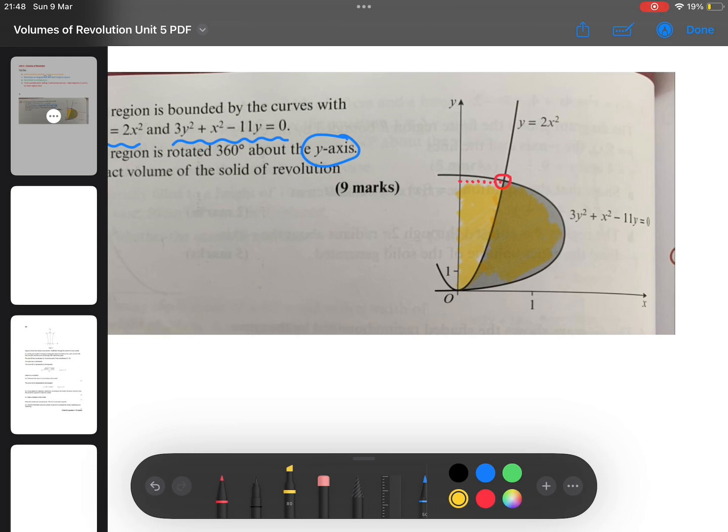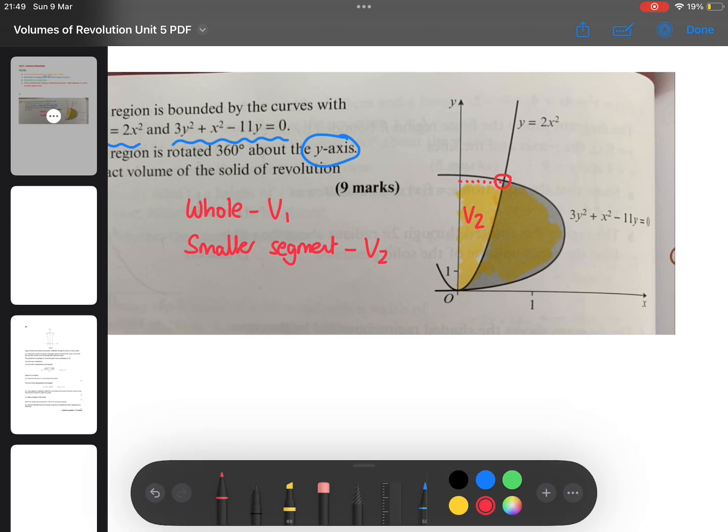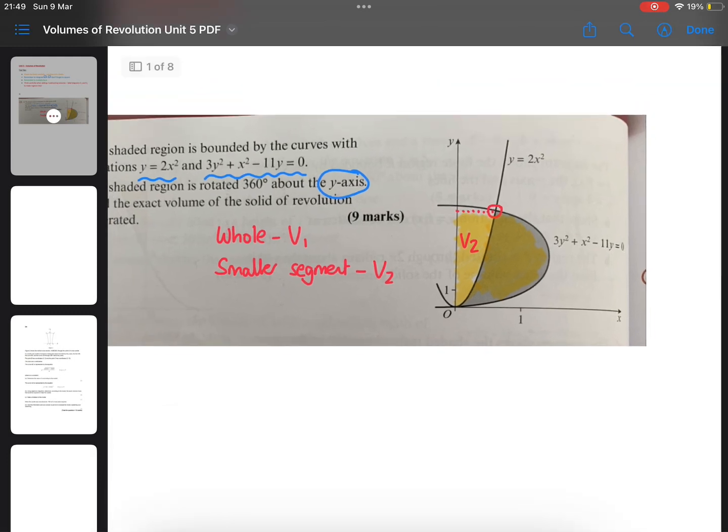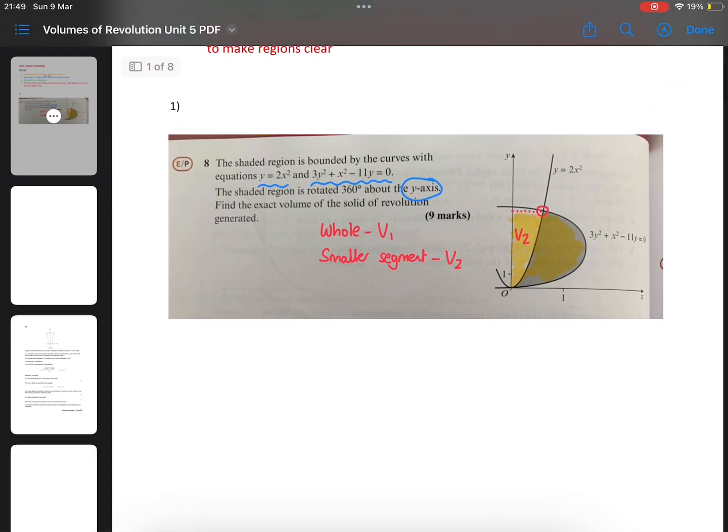So I'm going to call the whole V1, and the smaller segment is V2. And we're going to be doing V1 minus V2 in order to find the volume of revolution of the shaded region.